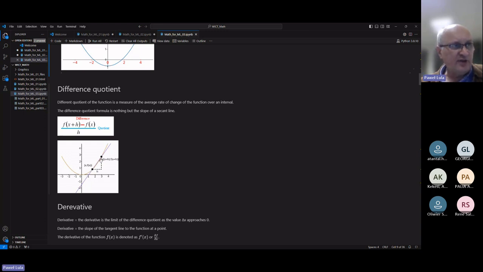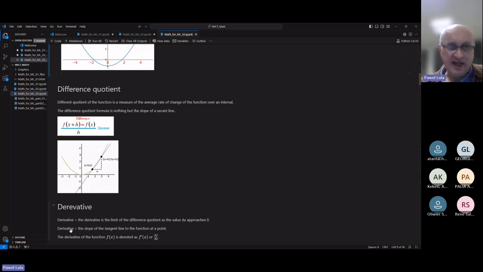So if we please look at these two black dots. They represent values of this function for x and x plus h. And next we can draw this line, which crosses these dots and crosses the axis at this point.